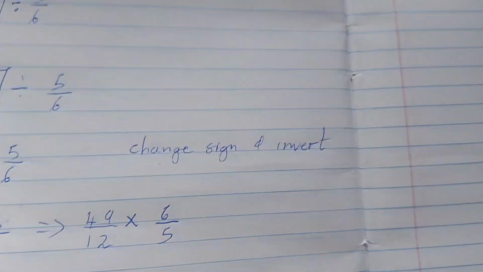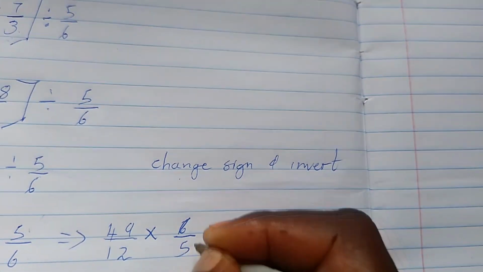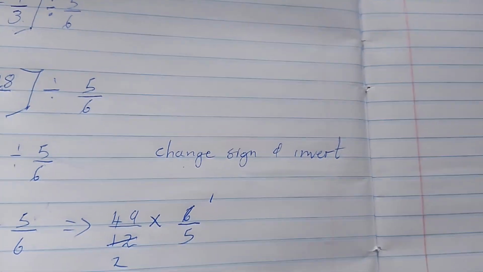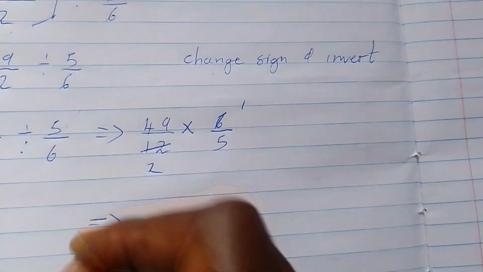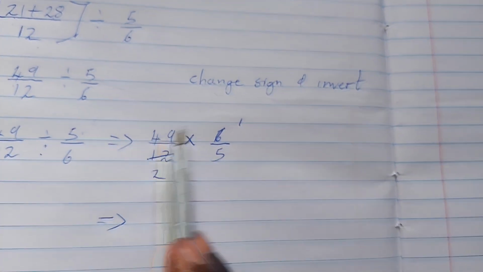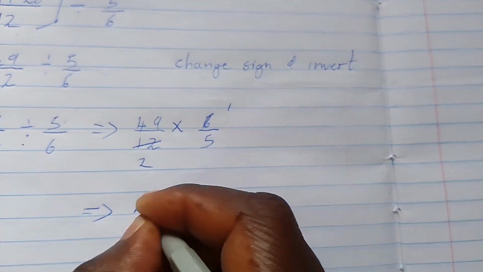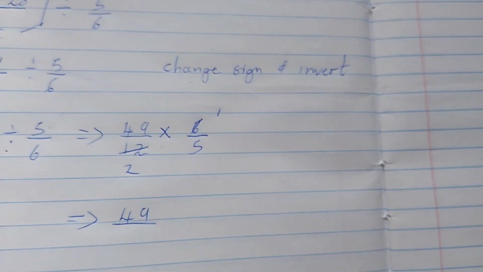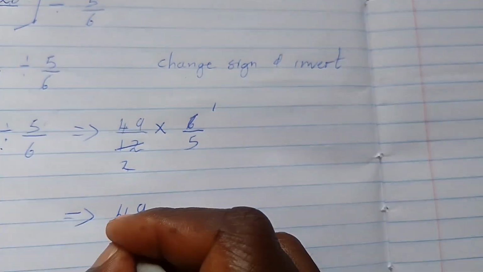So when it's like this, it's now simple: 6 into 6, 1, 6 into 12, 2, which is now 49 times 1, it's 49, over 2 times 5, 10.